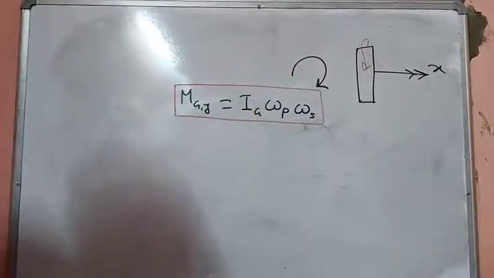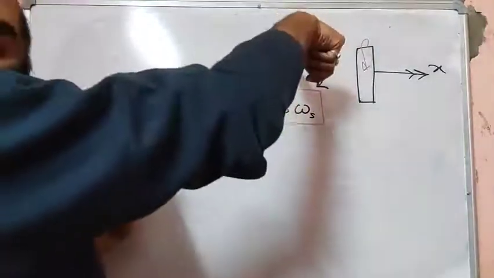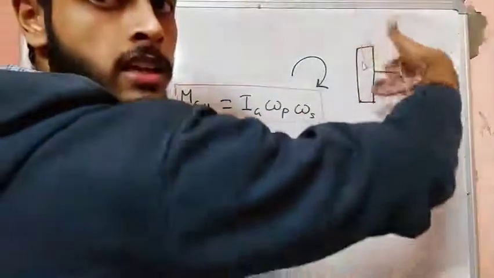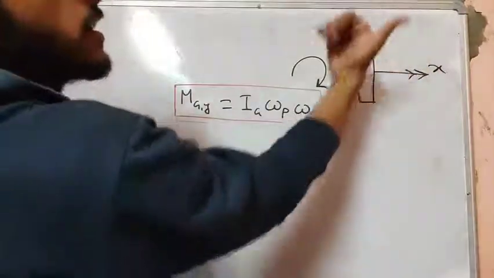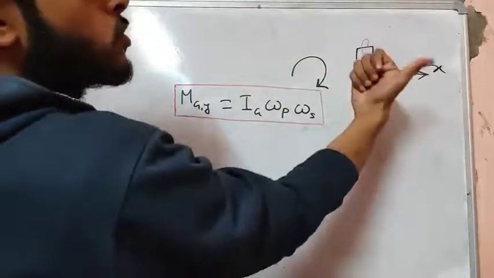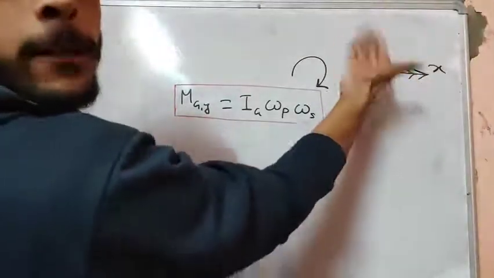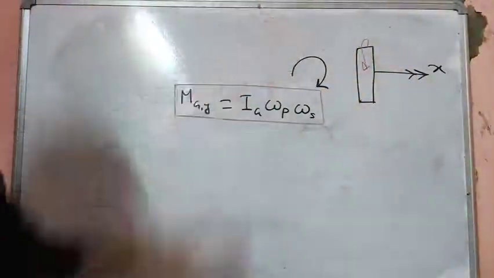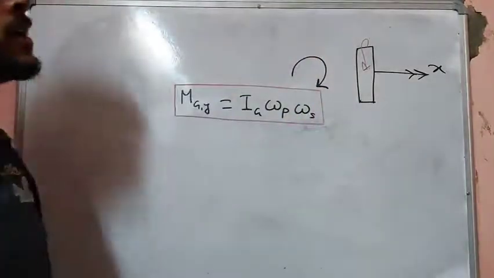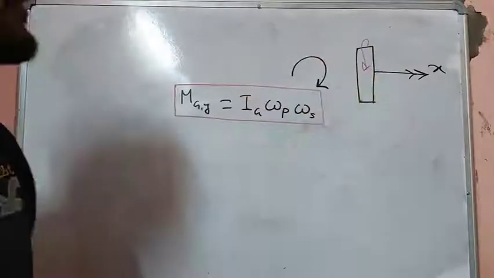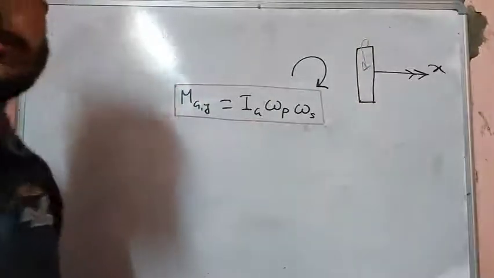If we apply an external moment in this direction, let's say the disc is rotating counterclockwise, with positive angular velocity like this. If we apply a clockwise moment to the spinning disc, this clockwise moment will cause the disc to turn in this direction.